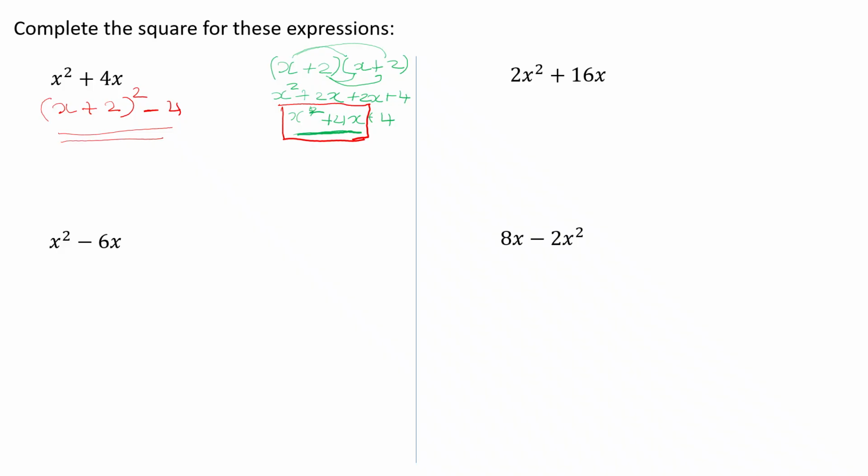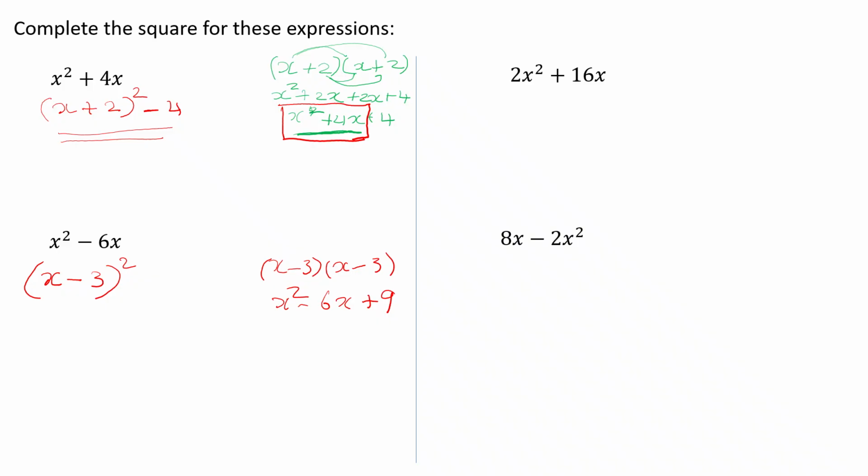Next one, x squared minus 6x. So x minus half of the coefficient of x, which is 3, and square it. If you expand this bracket, x minus 3 times x minus 3, so x squared minus 6x plus 9.